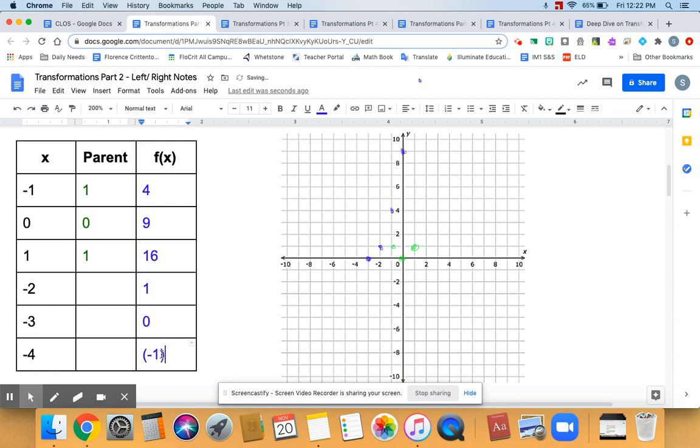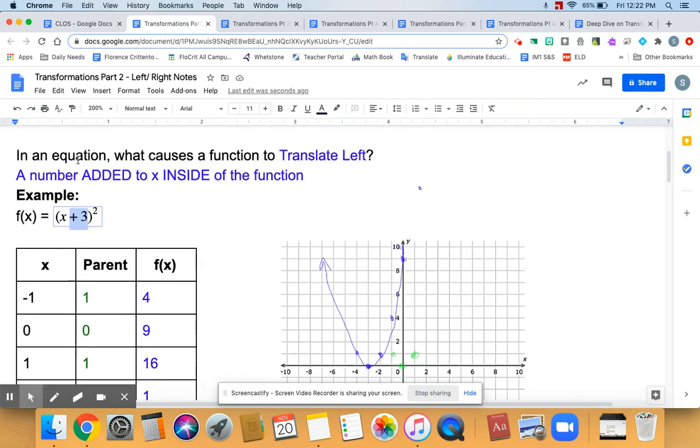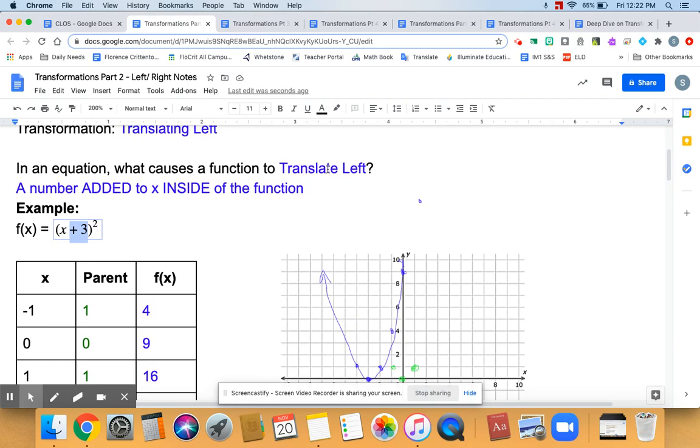And then we're supposed to square it, and -1 squared is +1. And so you can see that this equation shifted to the left 3 for a new graph. So because it's in the parentheses, it does the opposite of what we do. So adding makes it translate to the left.